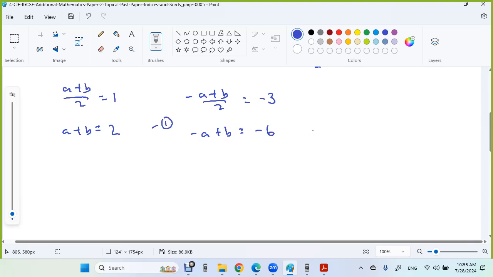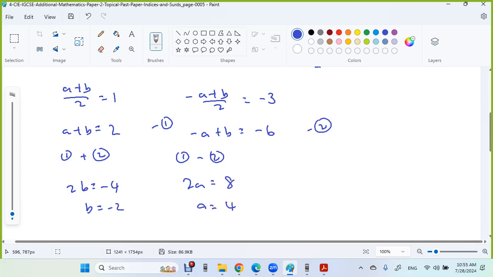So this is equation 1, this is equation 2. So equation 1 plus equation 2, then we have 2b is negative 4, b is negative 2, and then we use the equation 1 minus equation 2, then 2a equal to 8, a equal to 4. So we have the a equal to 4, b equal to negative 2.